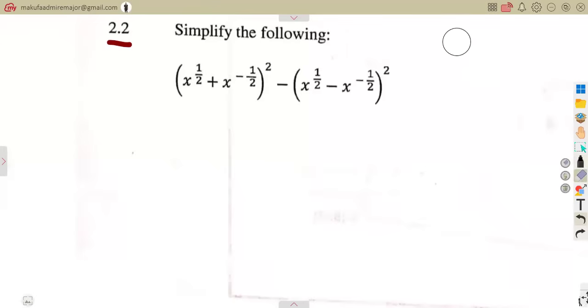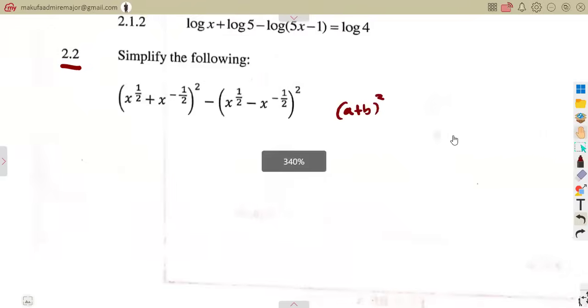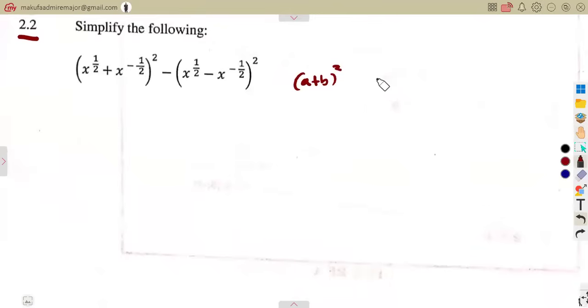But also, you must know for a quadratic, when you are given these brackets being raised to the exponent of 2, that a plus b to the exponent of 2 like this is equal to a squared plus 2ab plus b squared.